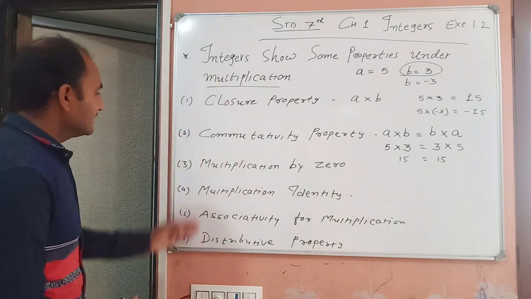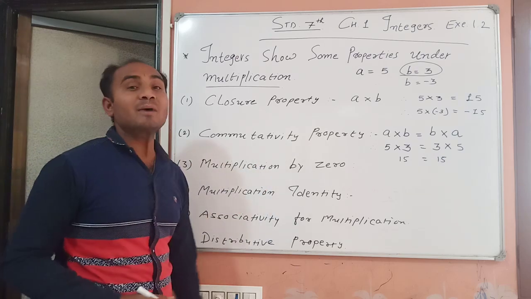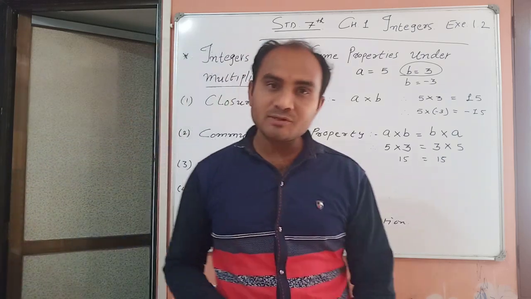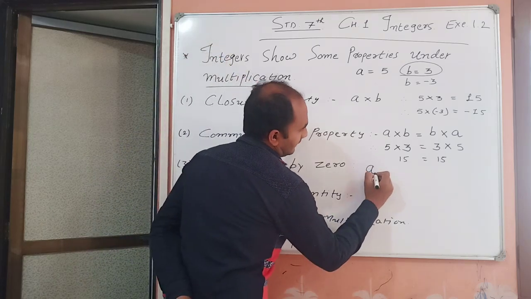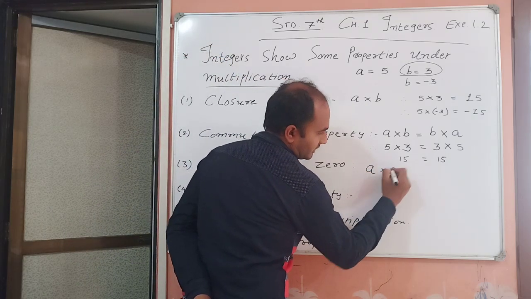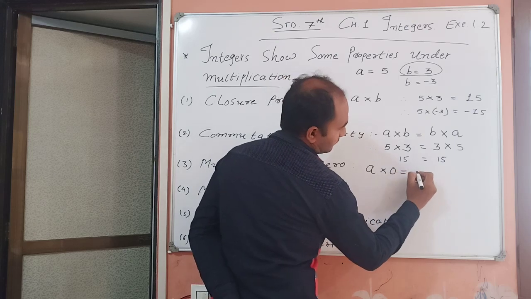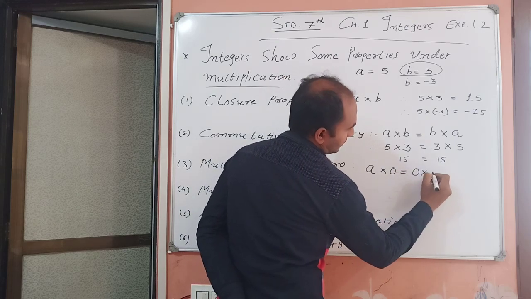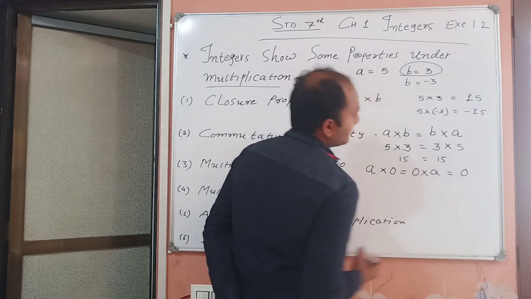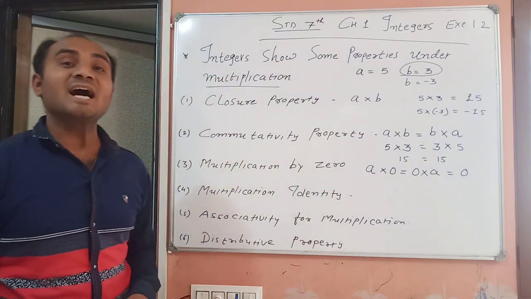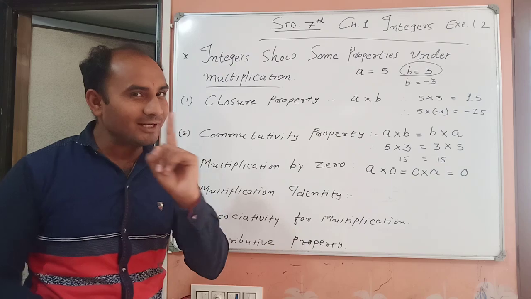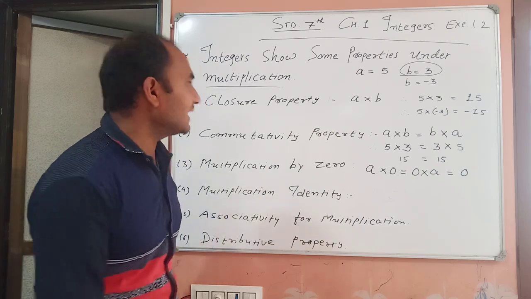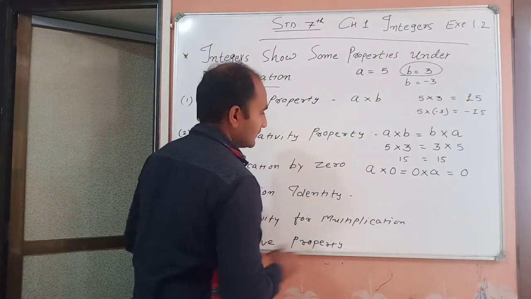Now, next, third is multiplication by 0. Multiplication by 0 means any integer A into 0 is equal to 0 into A is equal to 0. We will get the answer 0. Remember properly, the value of A is equal to 5.